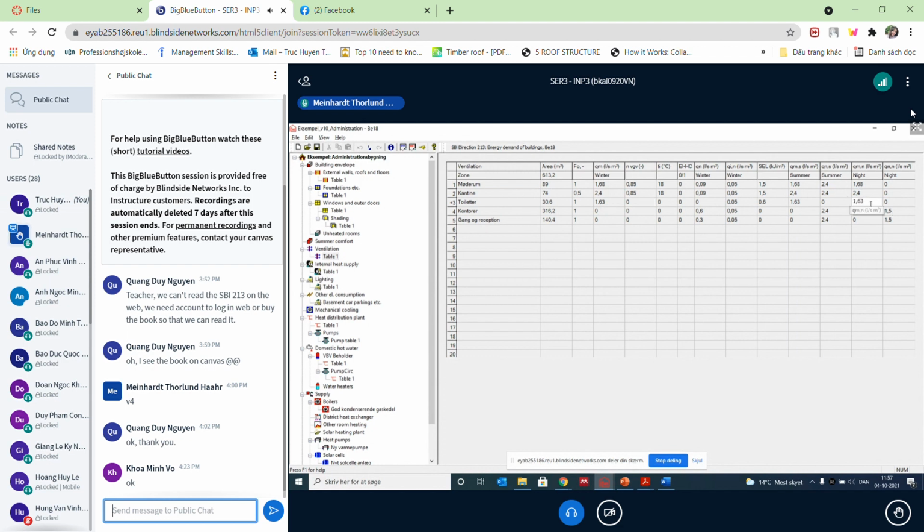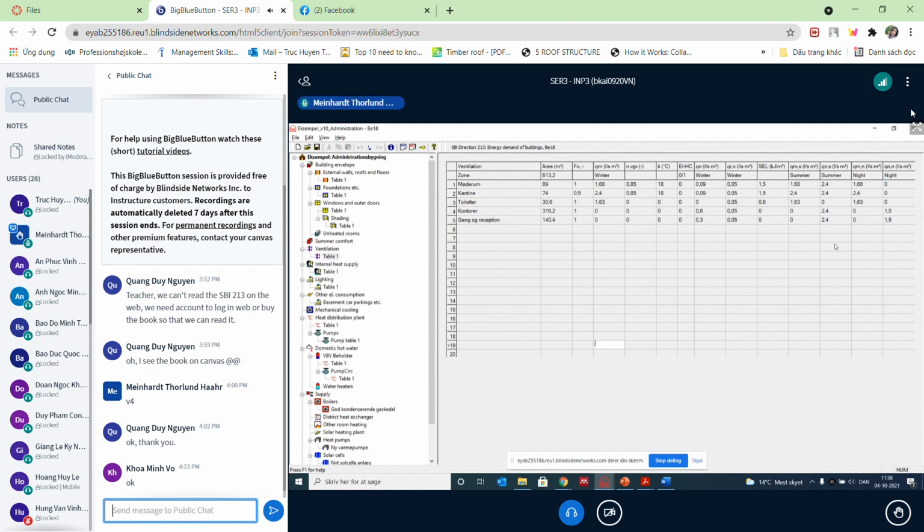During the nighttime, it's also running these two mechanical systems, so this tells me they're going to run during the nighttime, probably because they need to do some night cooling during the winter time.